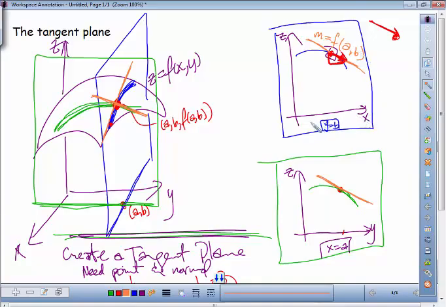With respect to x, I'm moving along the x. My y is fixed, right? I'm moving along my x, so this is fx. So remember, fx, or the partial of f with respect to x, either one of those would describe the derivative there. Okay?